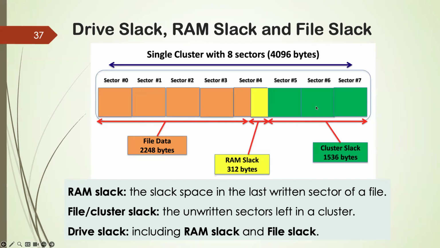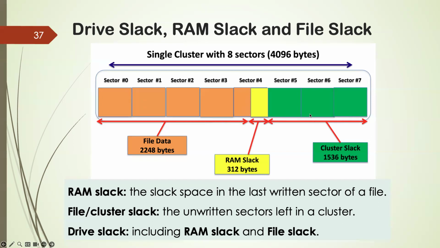So it will allocate all these 8 sectors to one particular file. Now the actual file data is just 2248 bytes. So it will fill sectors 0, 1, 2, 3, and the fifth sector, starting from 0, will be partially filled.